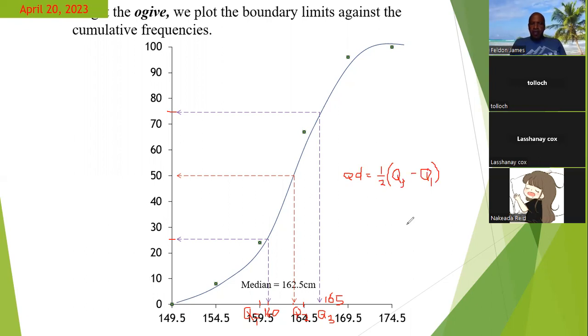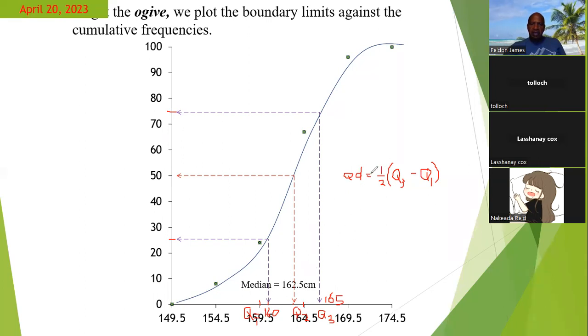Now, what is a quartile deviation? When we talk about deviation, we're referring to how much you move away from something. When you deviate from something, that means you move away from it. So deviation here refers to how much you move away from the mean, or in this case, the median. To determine how much you move away from the median, we use this formula to calculate the deviation.